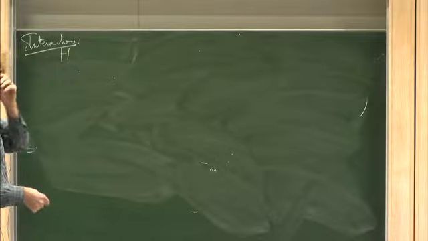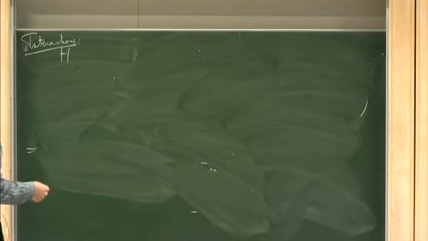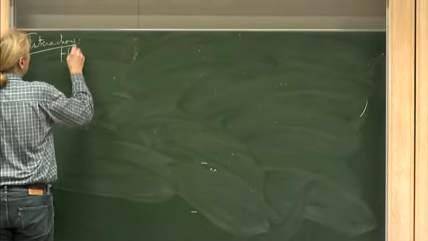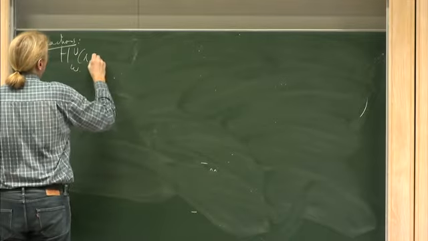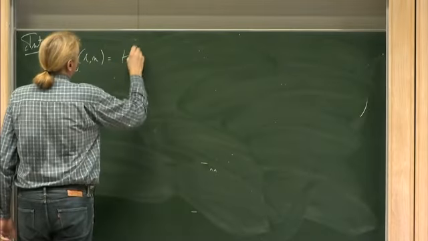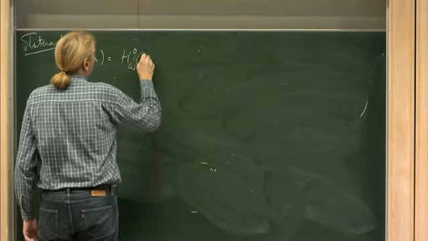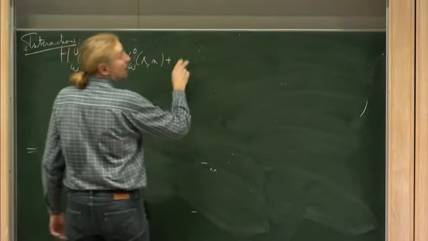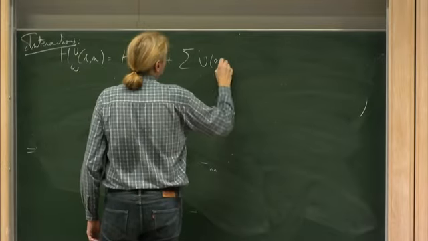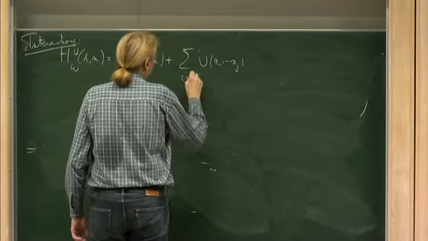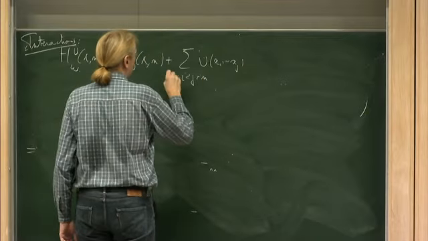But nevertheless, what I want to say is, if you want to add the interactions, h omega u lambda n is just going to be h0 omega lambda n plus the sum of u(xi minus xj) over i less than j up to n.